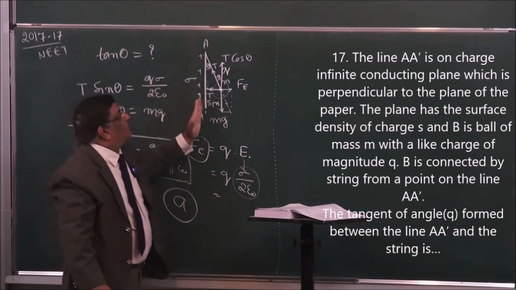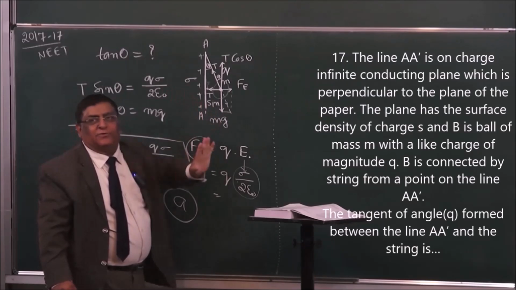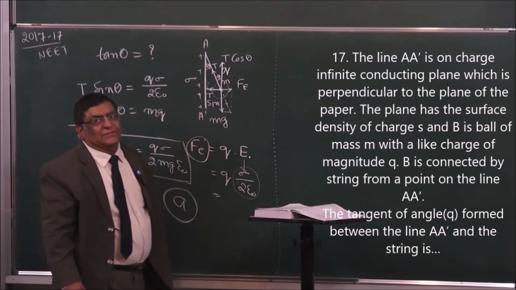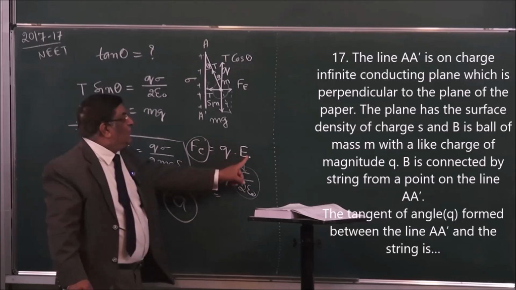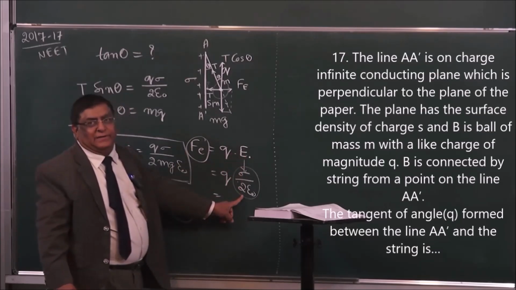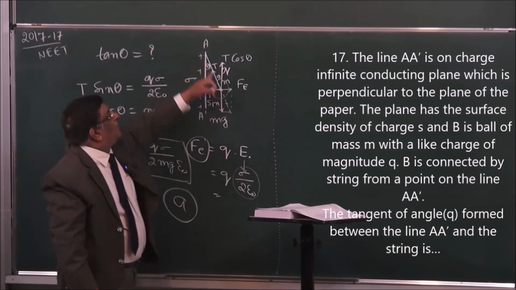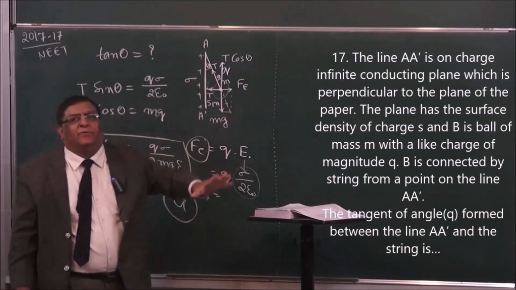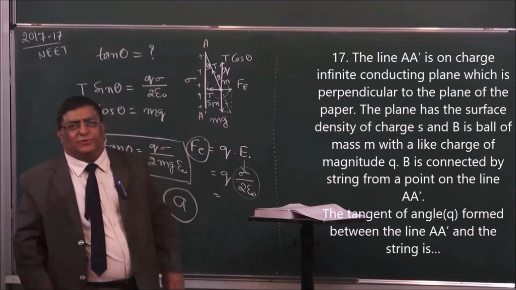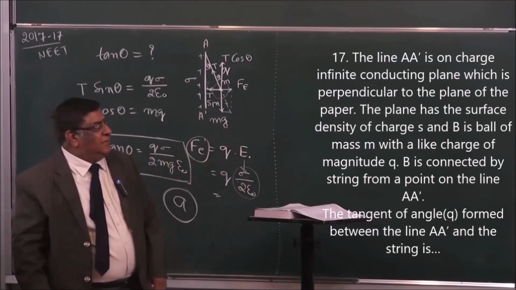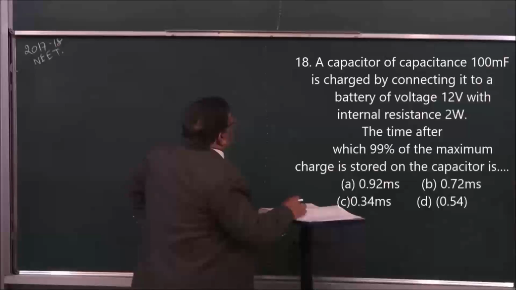There is a distribution of charges, so we cannot use the formula Q1 Q2 upon R square. We can use the formula Q into E and put the value of the electric field. You have done many questions like this in pendulum also, in charges also. Okay, so this is with the time constant.